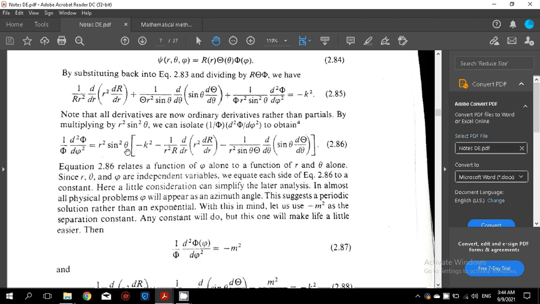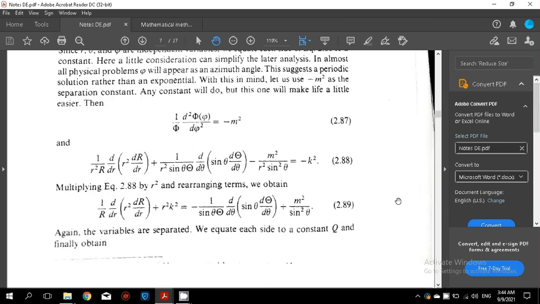So now when we substitute the right hand side of this equation also equal to minus m square, and we come to the equation 2.88, and we separate the r and theta portion of this equation, then we end up with equation 2.88 and 2.89.